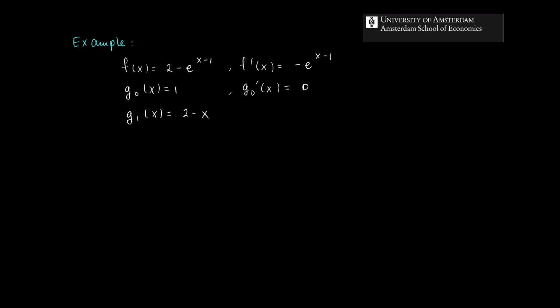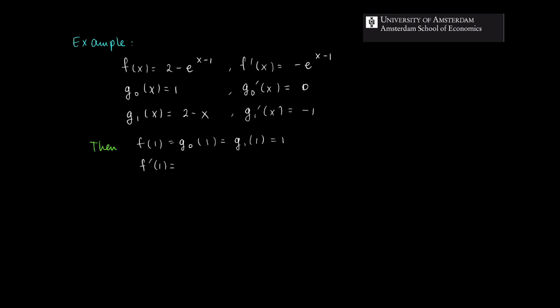The derivative of g0 is 0 and g1 prime equals minus 1. If we plug in the element 1 in the functions, then we get the function value 1 for all three functions f, g0 and g1.